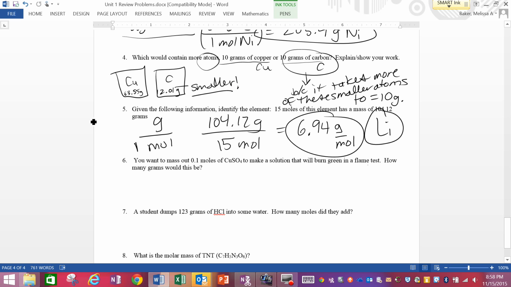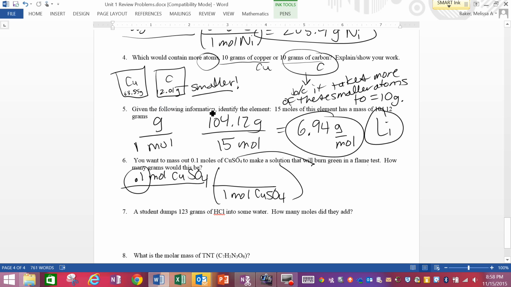Number 6, you mass out 0.1 moles of CuSO4. How many grams would this be? Well, we've got to figure out how much 1 mole of CuSO4 weighs, because we only have 0.1 moles of it.